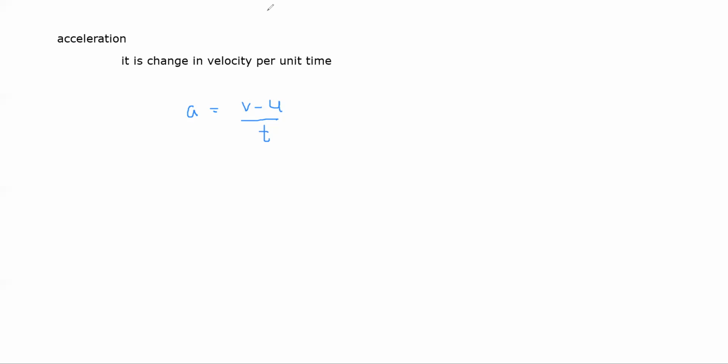What is v here? v is the final velocity, u is the starting velocity, a is acceleration, and t is the time interval.